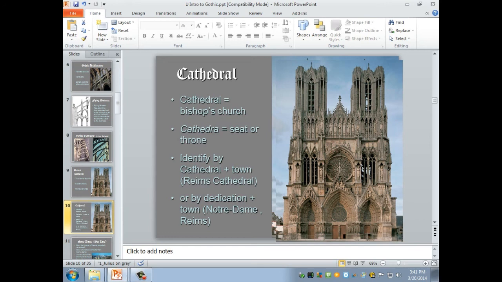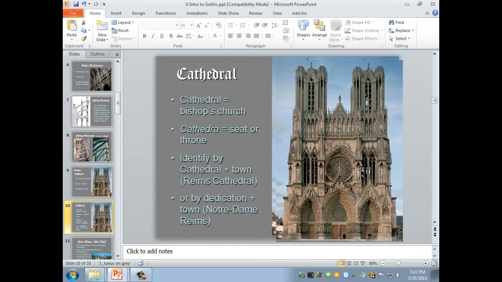There may be other churches, other parish churches, for example, or monastery churches in the town. But if you say the Cathedral of Reims, or Reims Cathedral, we know which church that is. Now, if you said the cathedral, you'd say, well, what town? There are probably thousands of cathedrals in the world. So you have to give both the word cathedral and the town.